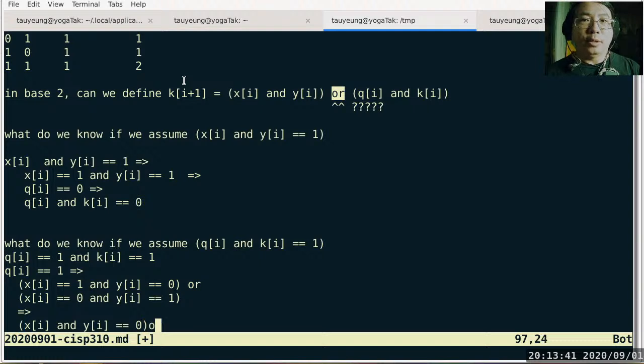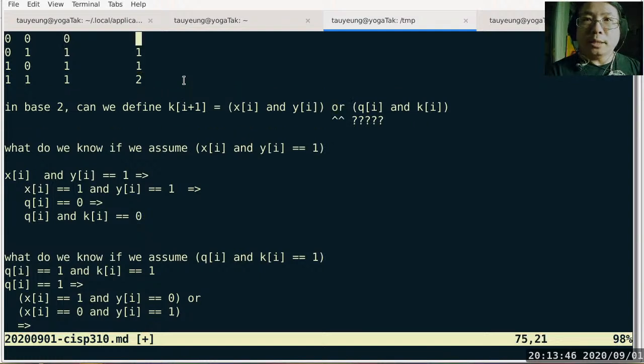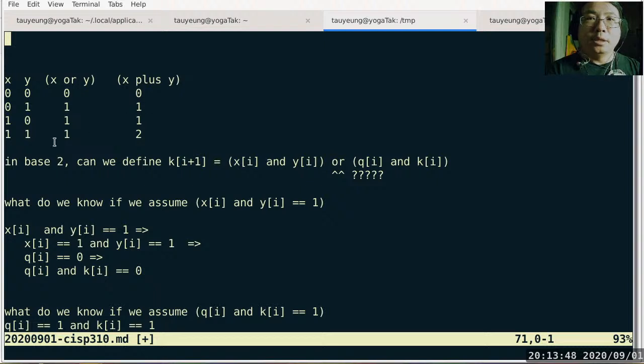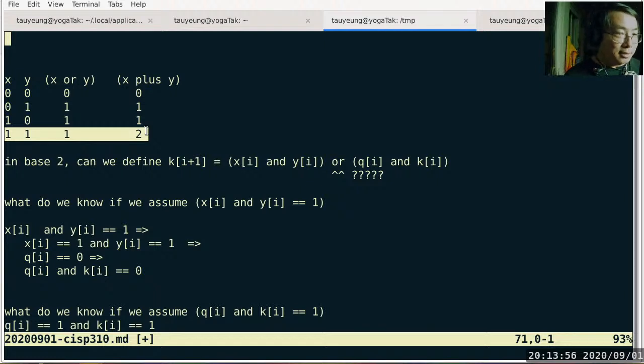In other words, when we look at this table over here, the only case that differentiates an OR versus a plus does not happen. It is nice, right? I mean, Tom, this is nice. It just works out, okay?